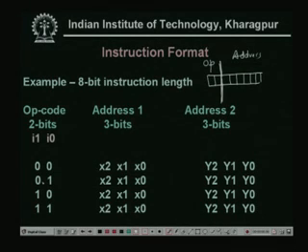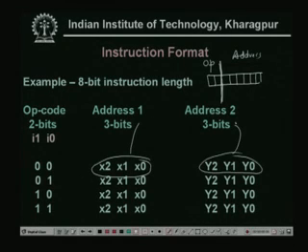Now, these 6 bits we are dividing into 2 address fields, 3 bits each. Say we are representing this by x0, x1, x2, y0, y1, y2. So, this is one address, address 1, and y0, y1, y2 is address 2. So, this is for 2-address instructions.